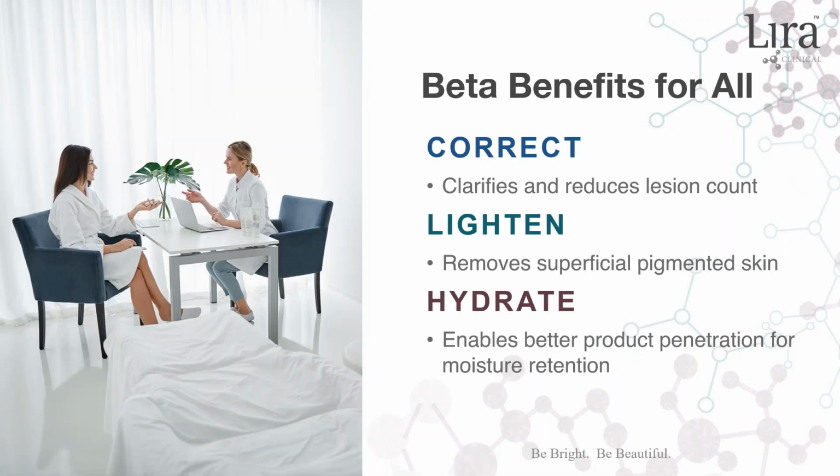Just as a review, we're looking at our beta benefits for all. We know that in our clinic rooms, the 3 primary actions that we want to take is to correct, lighten, and hydrate.